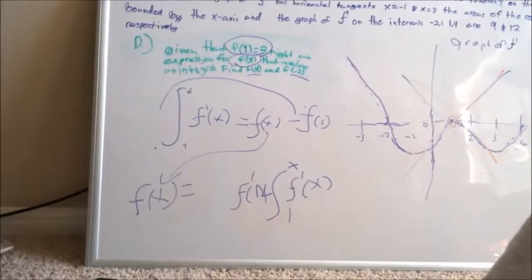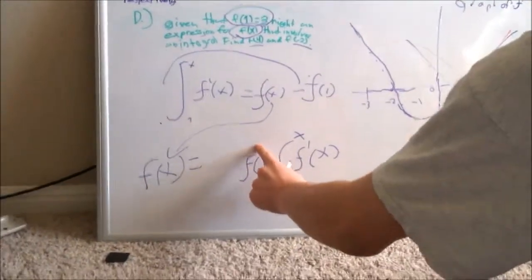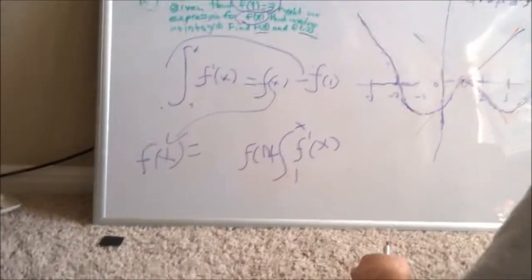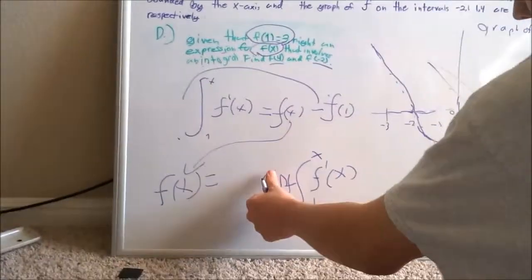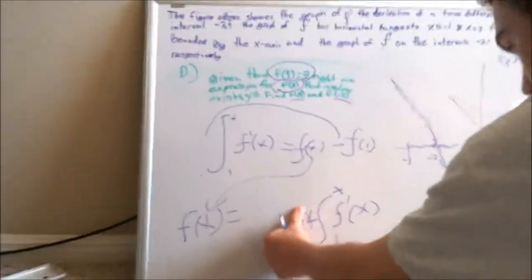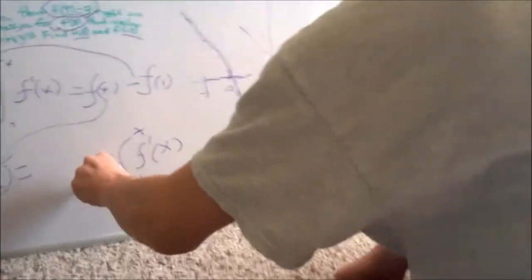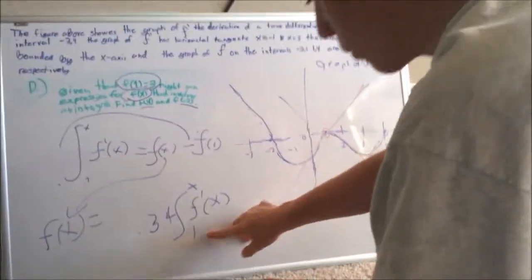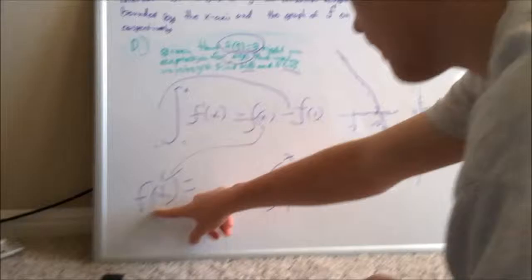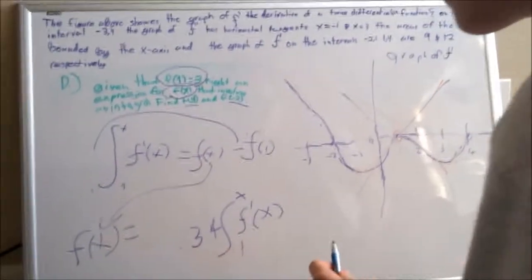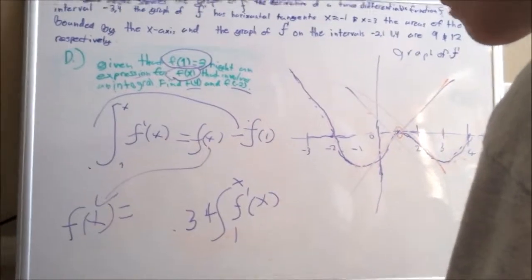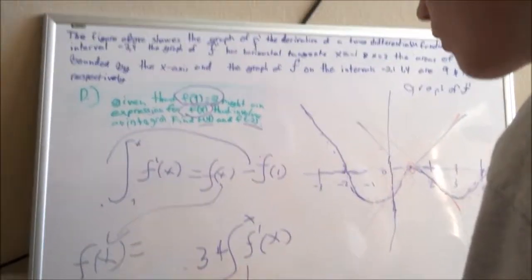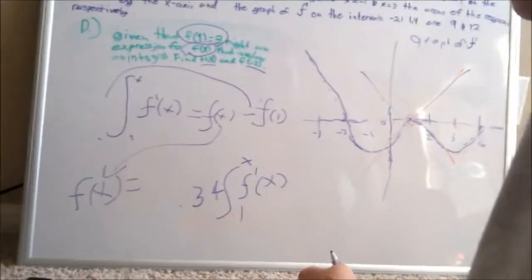And you might say, what's f of 1 actually given to you? So you can actually erase this and just change it out as 3 plus the integral from 1 to x of f prime of x equals f of x. Now that's the first part. The second part is to find f of 4 and f of negative 2. And we can actually use our equation to do this, and we're going to do that now.